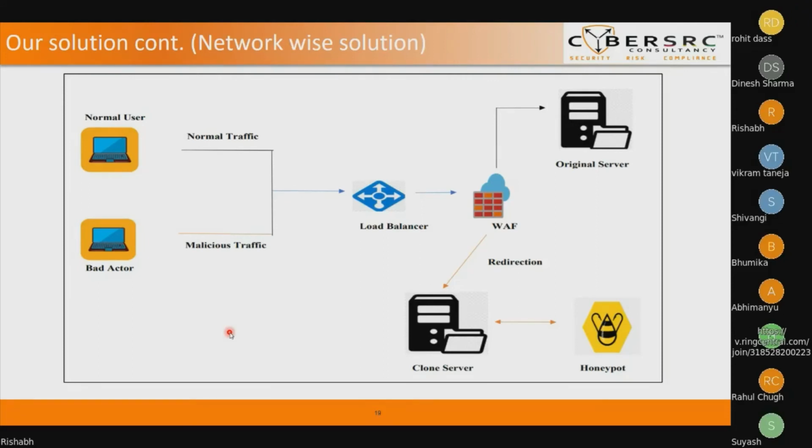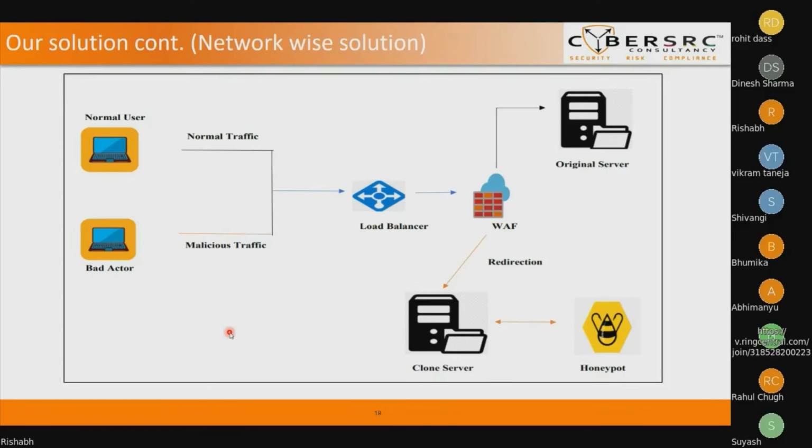I agree with the approach you have shared, Rishabh. But it is one of the approaches, not, I would say, the approach. If you want to study how attackers operate, you can probably place an IDS in front of this WAF in this particular diagram, in the concept I'm talking about.